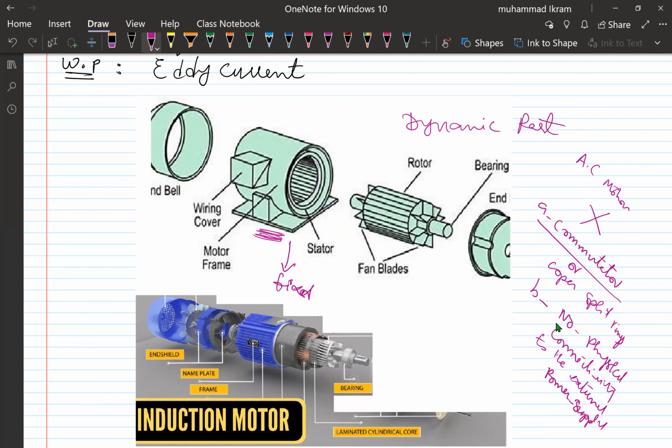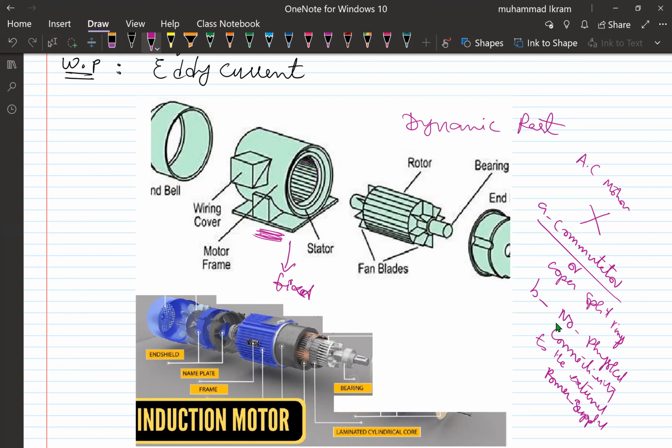That induced EMF produces its own magnetic field, and the two magnetic fields interact together and give rise to a mechanical force or couple which keeps the rotor moving. So that is one of the important features of this motor, that it works on the concept of induced current and uses no commutator or direct connection.